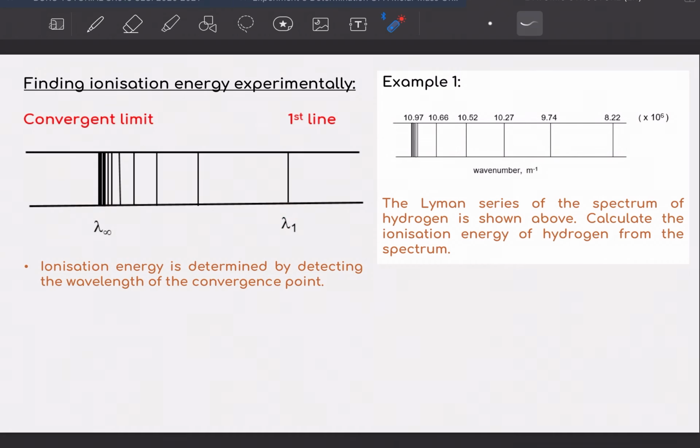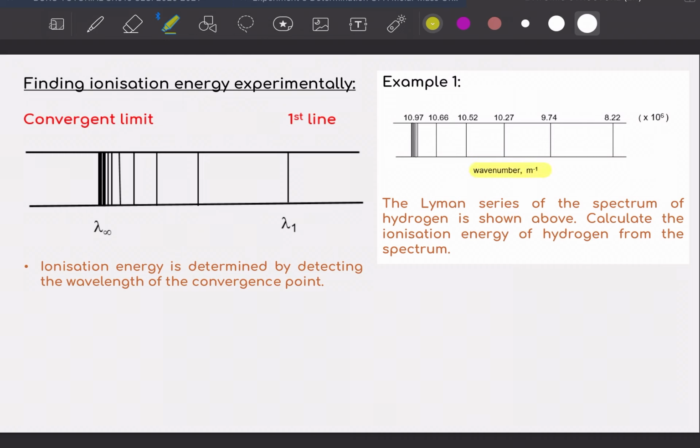Okay, so for this example one here, it says the Lyman series of the spectrum of hydrogen is shown above. Calculate the ionization energy of hydrogen from the spectrum. So the formula that we are going to use will depend on the information that is given lah. So right here, the information given here is wave number.